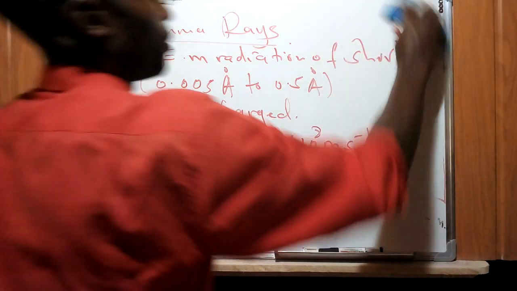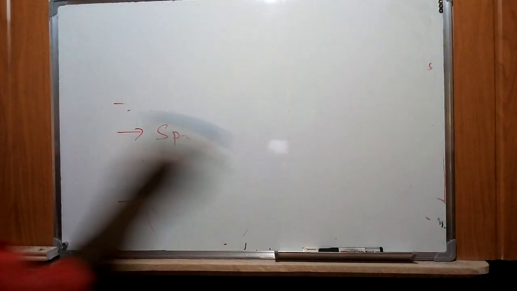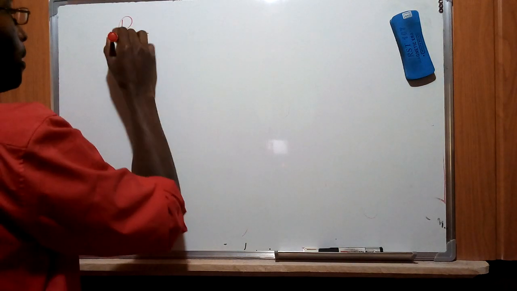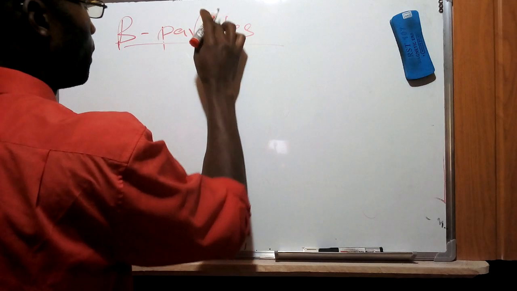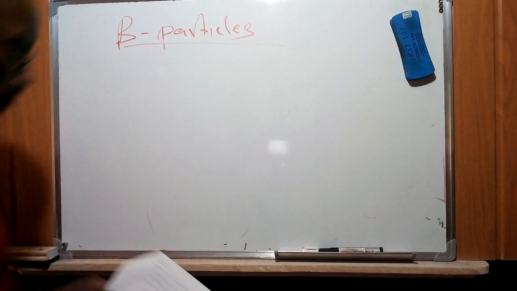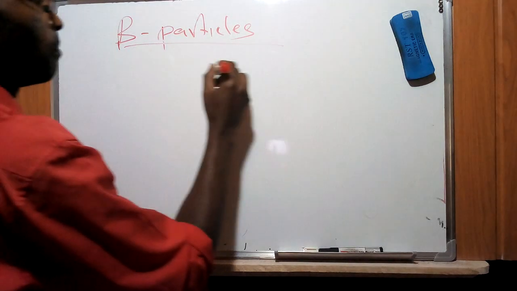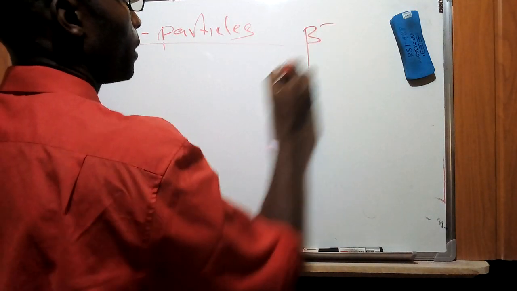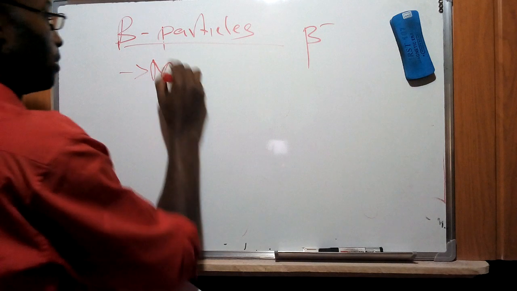So lastly, we're going to look at the characteristics of beta particles. For beta particles, they possess a negative charge and a mass that is equal to an electron.